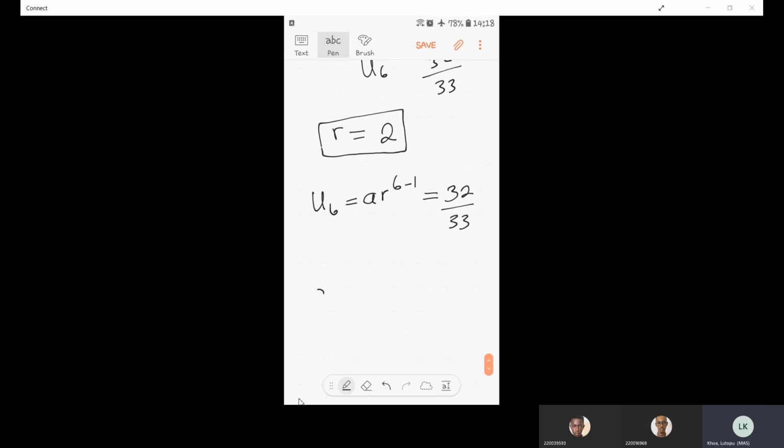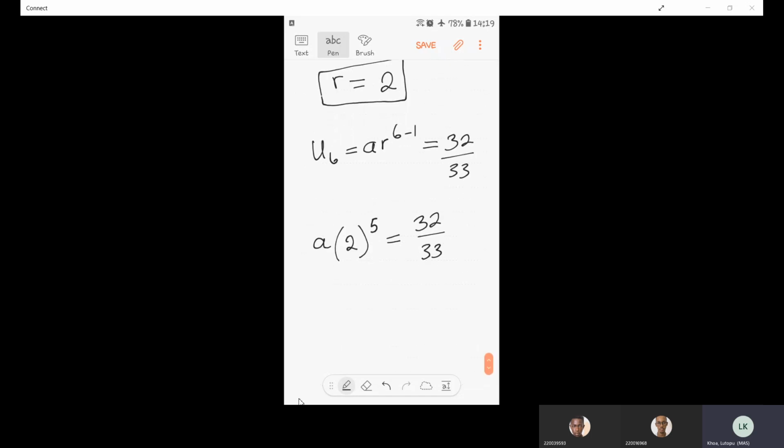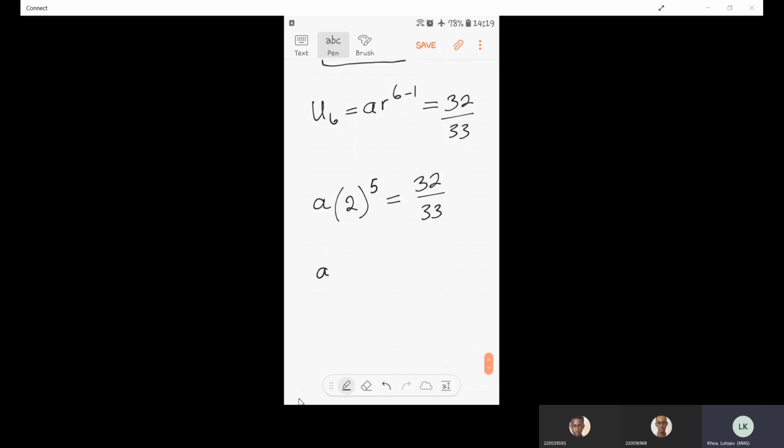So A and my R over here, this is 2 to the power of 5, which is 32. So this is A times 32 is equal to 32 over 33. This means that A is equal to 1 over 33.